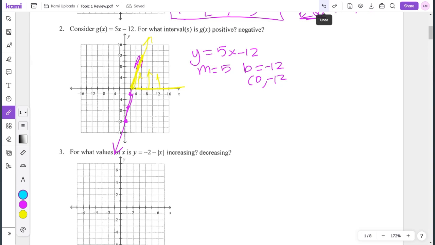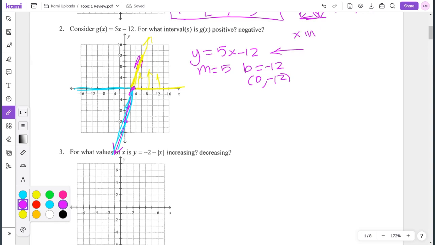Get that a little bit better here. For some reason, it's a little off on the tracking. Okay. All right, so we need this point where the line crosses the x-axis. That would be an x-intercept. So I want to set this equation, put 0 in for y, because I want a point on the x-axis.